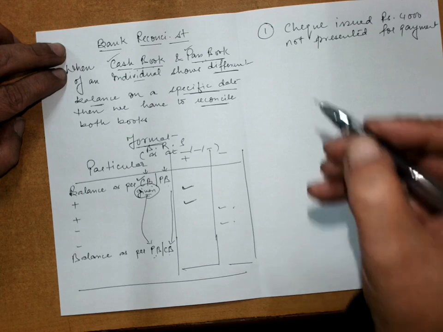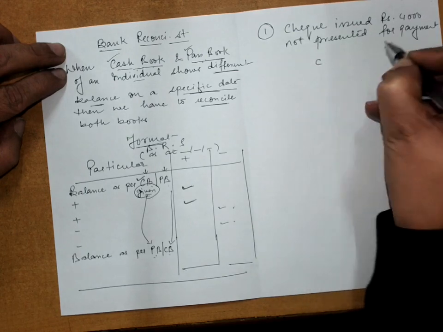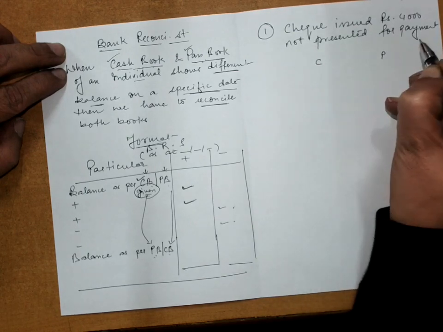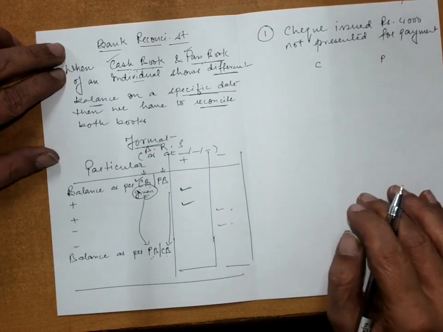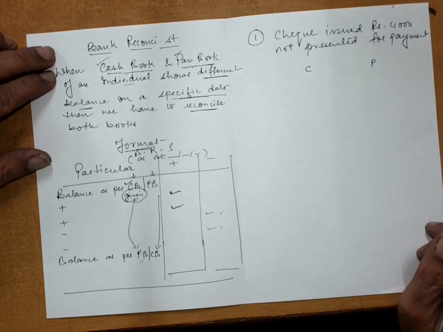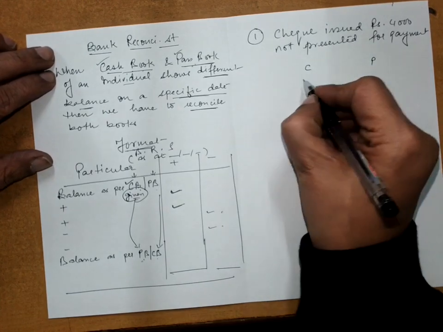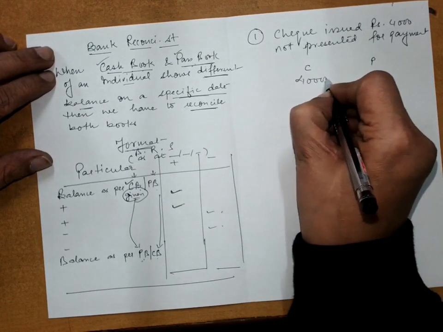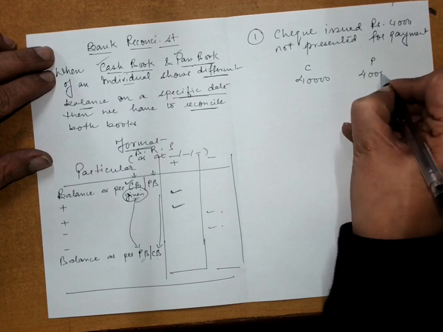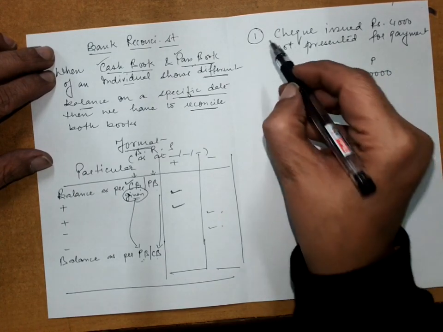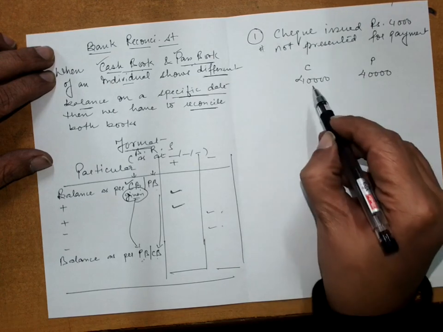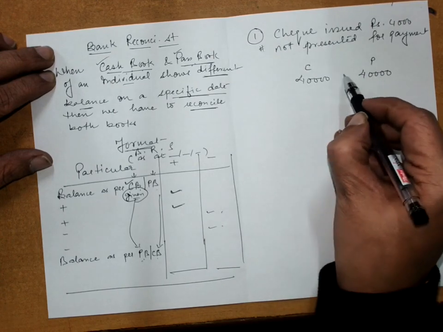For example, first we'll take cash book and passbook, and with the imaginary amount which is going to be higher than this 4,000, which must be higher than 4,000. Let's take 40,000 in my cash book and 40,000 in my passbook. The basic idea is, before this transaction my cash book and passbook were equal.